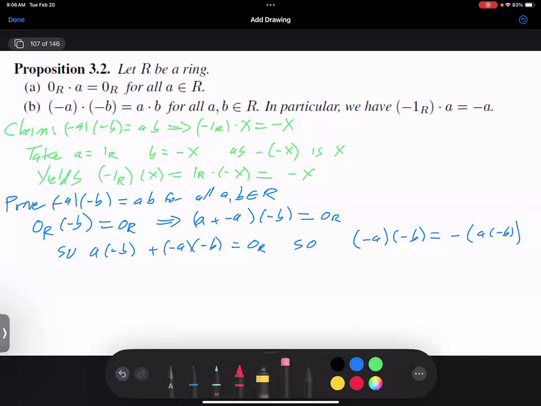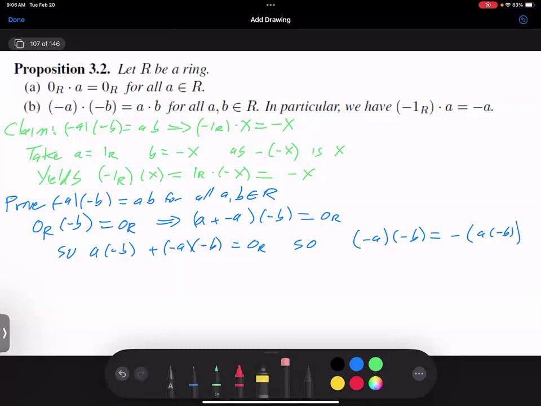It's just that negative A times negative B is the additive inverse of A times negative B. So we were able to essentially pull out one of the minus signs, right? We pulled out the minus sign from A. Yes? So now we just want to do the same thing and pull out the minus sign of B.